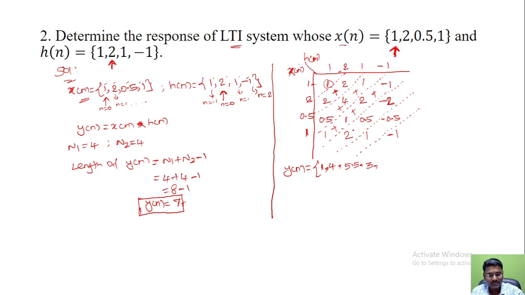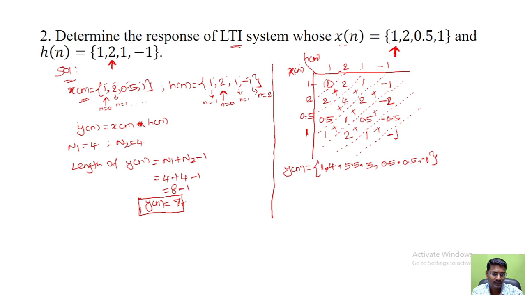In the next diagonal, 2 plus 0.5 I'll get 2.5, 2.5 minus 2, I'll get 0.5. Next diagonal, 1 minus 0.5, I'll get plus 0.5, comma, and in the last diagonal there is only one value, which is minus 1.